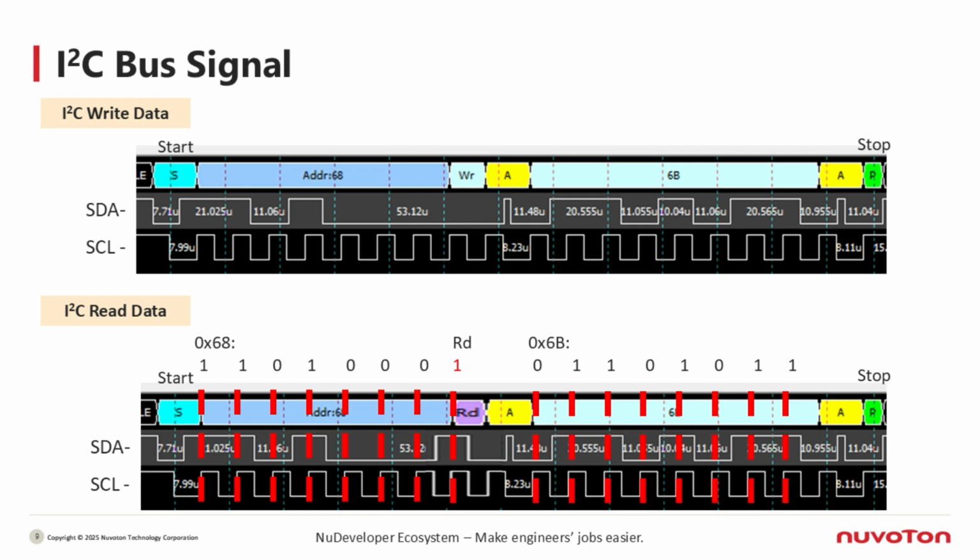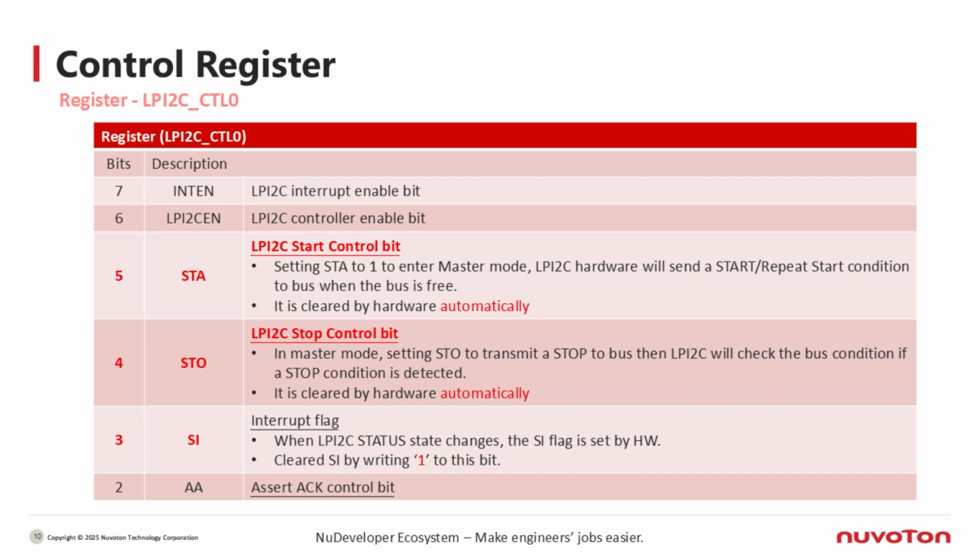If the master wants to read data from the slave, the read-write bit is 1, indicating a read. By looking at this waveform, we can clearly see who is sending data to whom and the direction of the transfer.